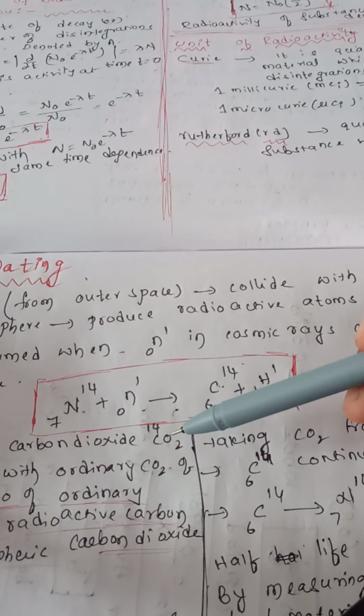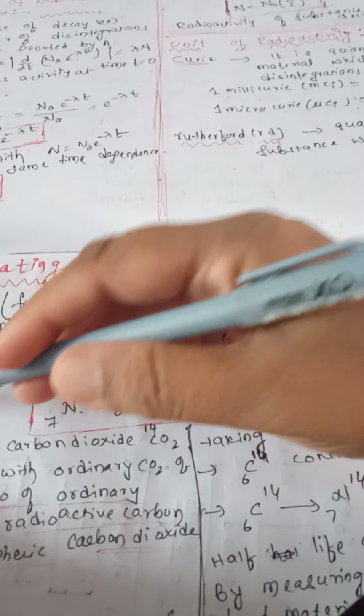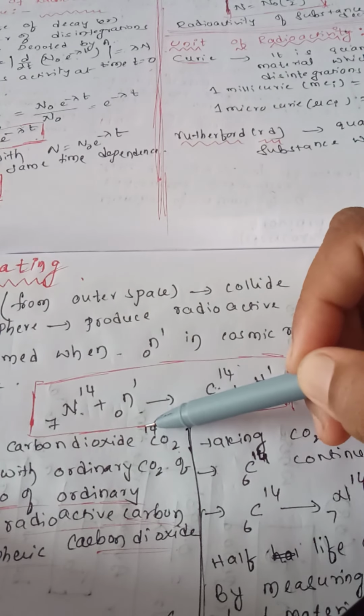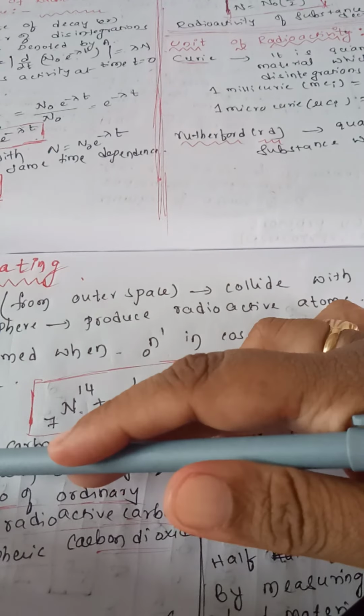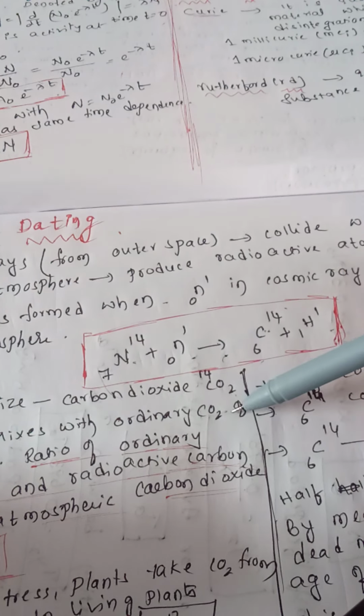Now this C-14 oxidizes into carbon dioxide, CO2-14. This CO2-14 again mixes with the ordinary carbon dioxide of the atmosphere.